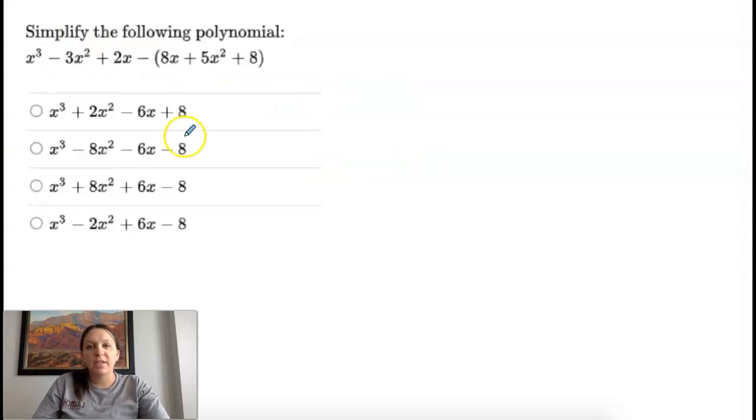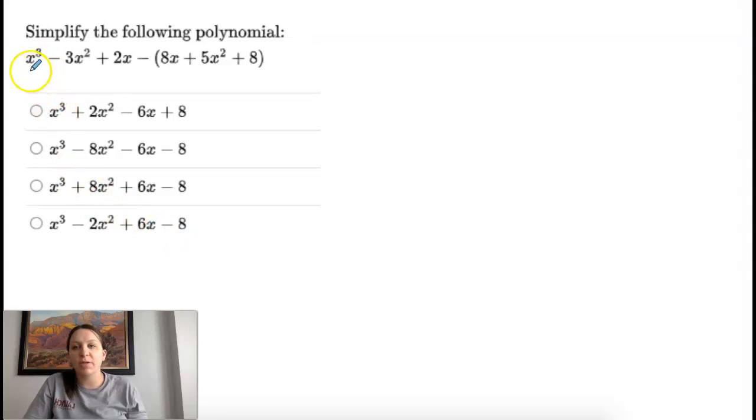So also in this section, you're going to be asked to add and subtract polynomials. So I'm taking this whole polynomial and I'm subtracting. So I'm subtracting 8x, I'm subtracting 5x squared, I'm subtracting 8.